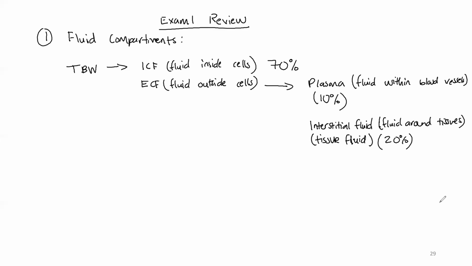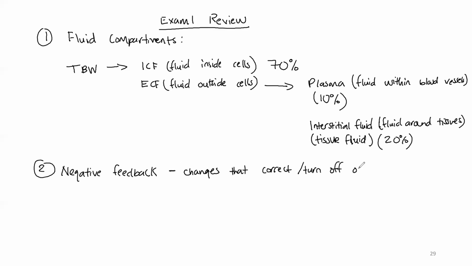All right, let's move on at the bottom here and speak a little bit about homeostasis, which is the second topic we looked at the beginning there. So we had two major components to homeostasis. Negative feedback was one. Okay, and we said that negative feedback were changes that correct or turn off our error signal.